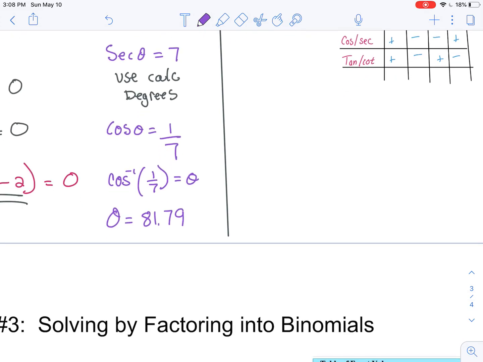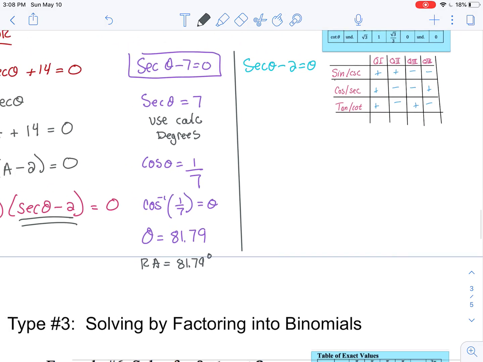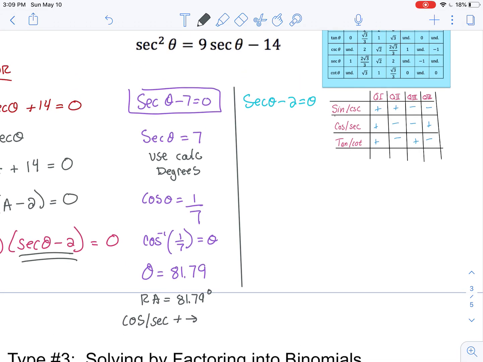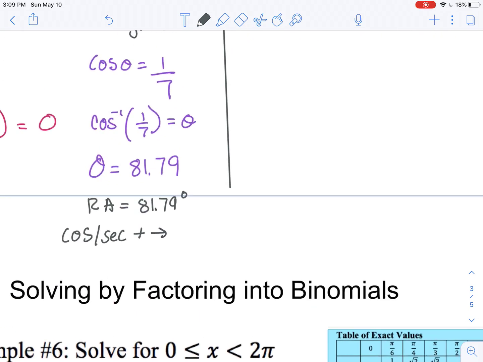So in this instance, my reference angle is equal to 81.79 degrees. I need to think to myself, when is cosine or secant positive? If I look over at my chart, I can see that cosine and secant are positive in quadrant 1 and quadrant 4. So I'm going to have solutions in quadrant 1 and quadrant 4.